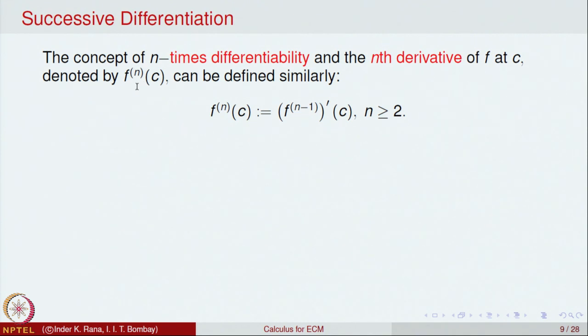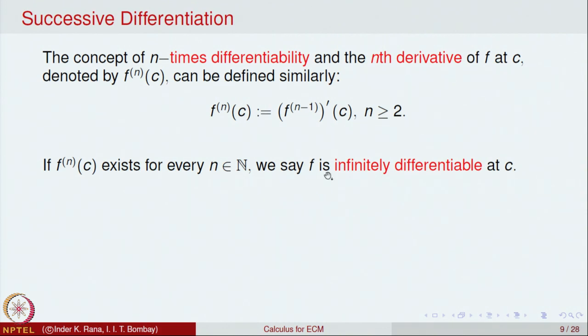To say that f is n times differentiable at a point C, we should say that the n minus 1th derivative exists in a neighborhood of the point C and is differentiable at the point C. So, the nth derivative is denoted by f with n in brackets at the top. The nth derivative at C is defined as: look at the n minus 1th derivative, and its derivative at the point C, whenever defined, will be called the n times differentiability of the function. So, what is the second derivative? The second derivative is the derivative of the derivative function.